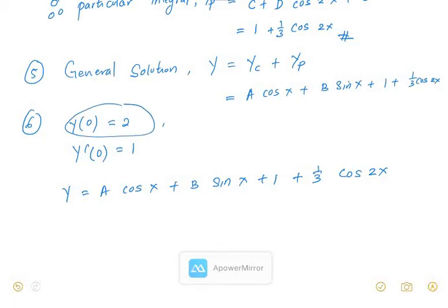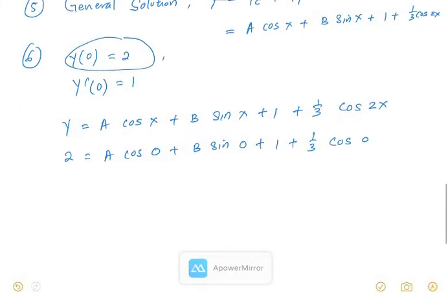So y equal to 2 when x equal to 0. You know that cos 0 equal to 1, sin 0 equal to 0, here equal to 1. So you have 2 equal to a plus 1 over 3. Now your a is equal to 2 over 3.